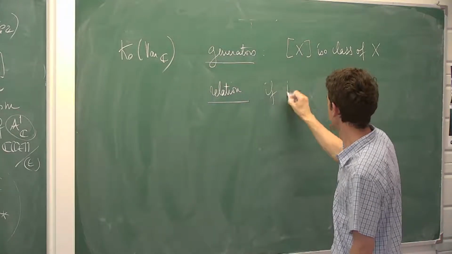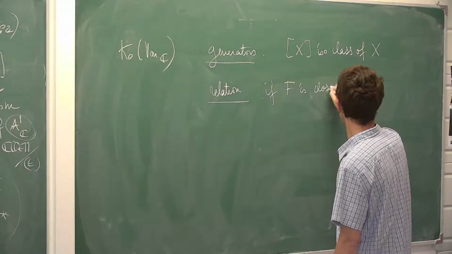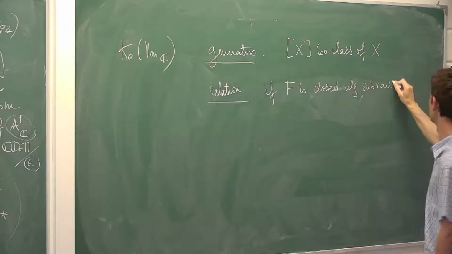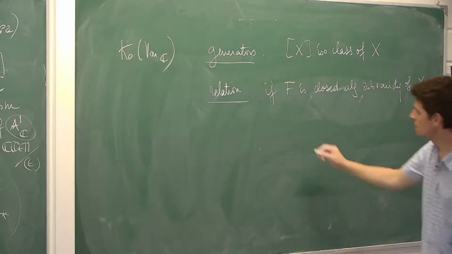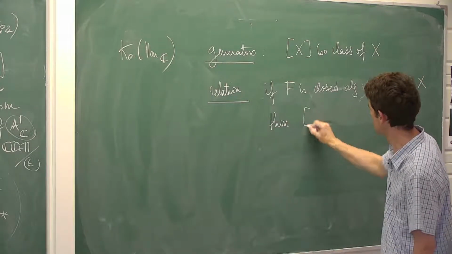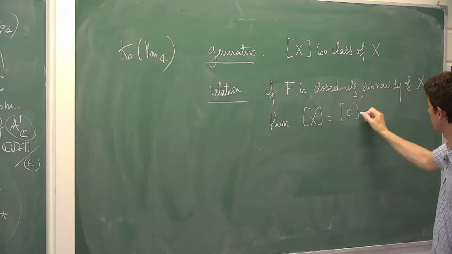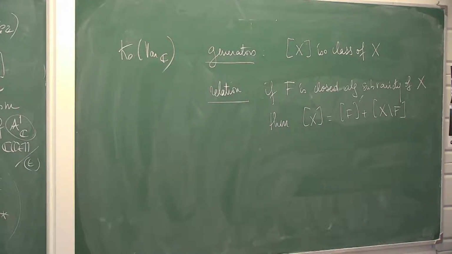If F is a closed algebraic subvariety of X, then you impose that the class of X is equal to the class of F plus the class of the complement of F in X. Okay.